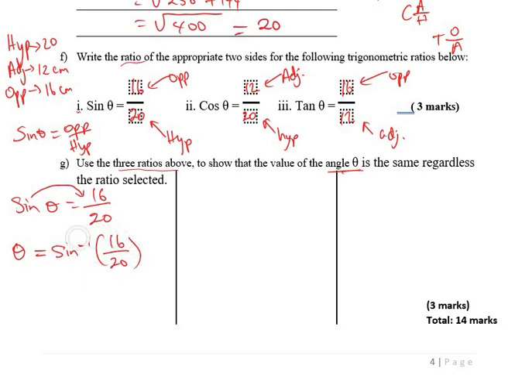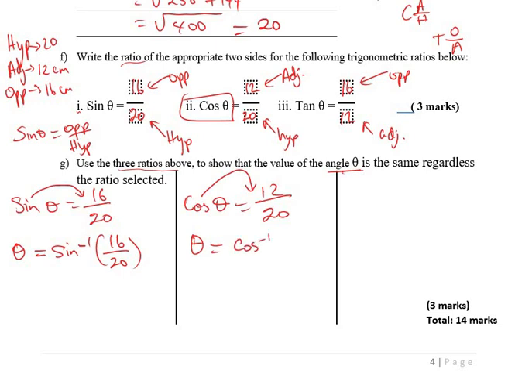It might look a little complicated, but we're not going to do the calculation. The calculator will do that for us. Then we go to the other one. Cosine theta equals 12 over 20. We transpose cosine over, leaving theta on the left-hand side.